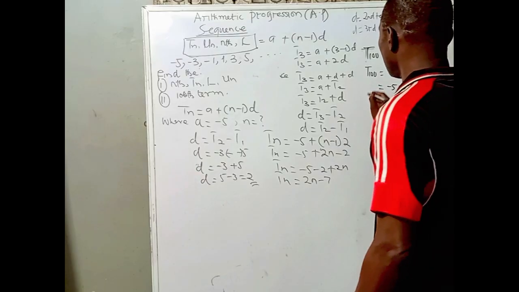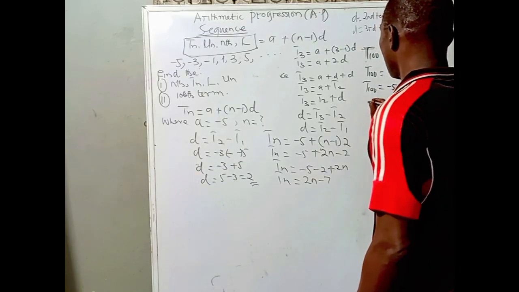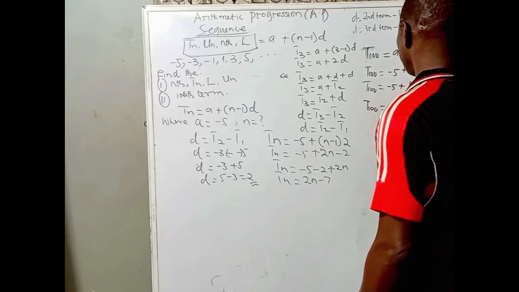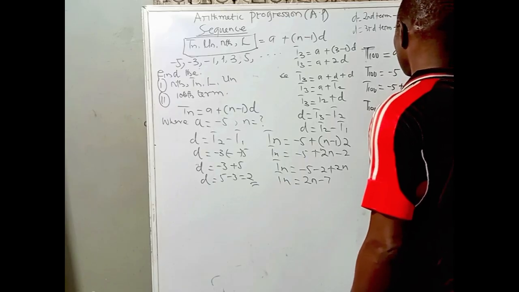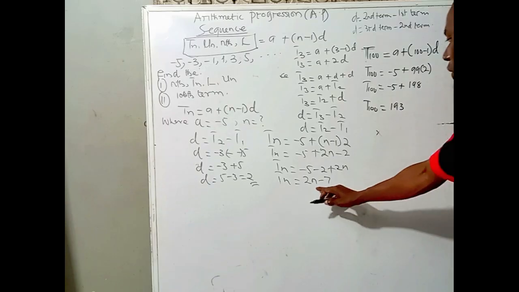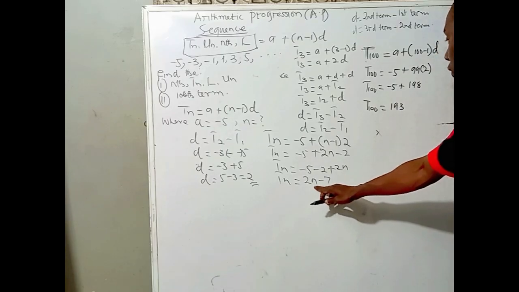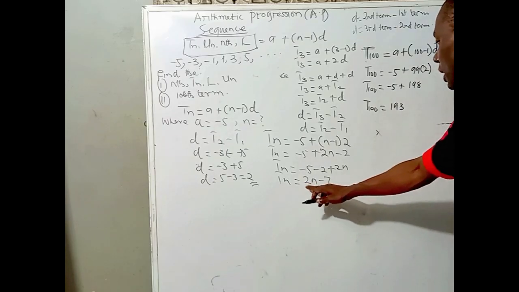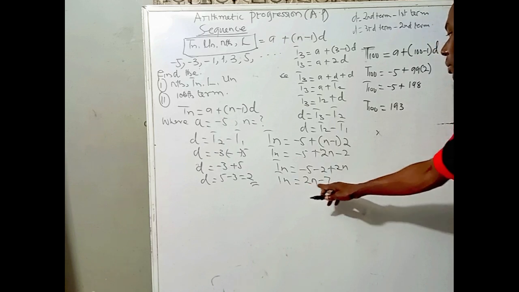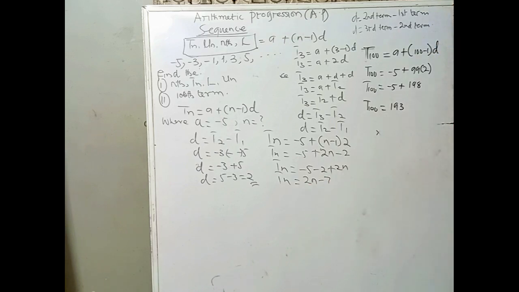So it means that the 100th term of this will be 193. You can also use this one: if you put 100 here, 2 times 100 is 200. 200 minus 7 is 193.